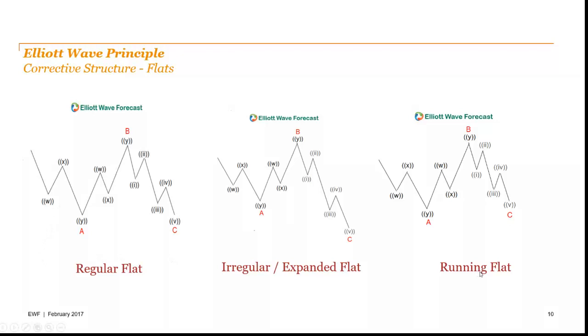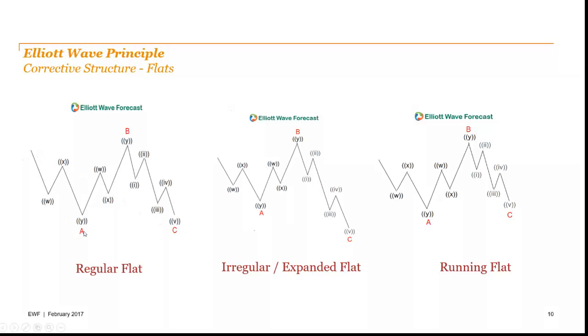Now the difference is, if you look at the subdivision of this flat, you can see the A subdivides into 3 waves, right? Instead of WXY, I should have labeled this as ABC. Maybe it's easier for you guys. ABC, ABC, okay? It's the same, alright? So 3 waves here, 3 waves here, and then 5 waves here. 3 waves, 3 waves, 5 waves.